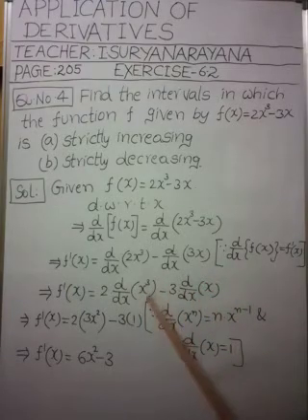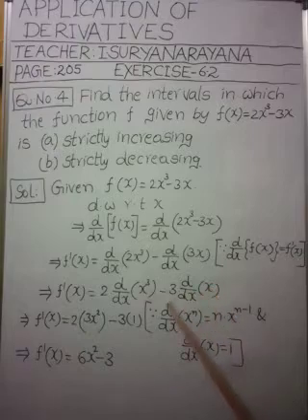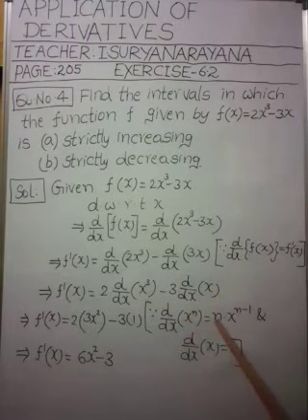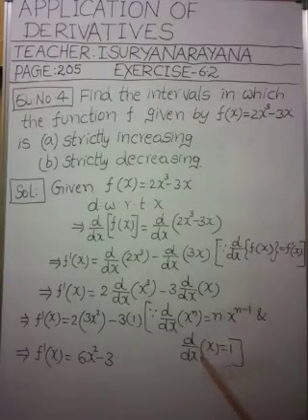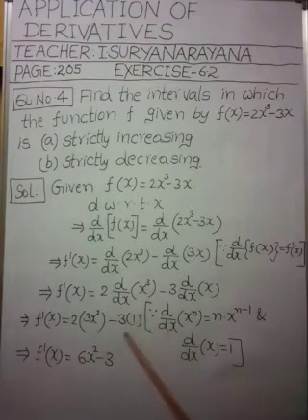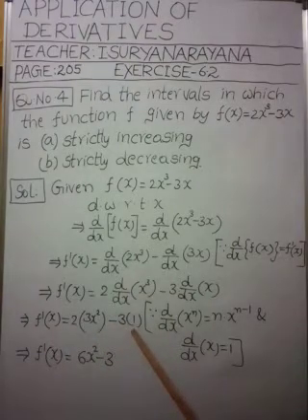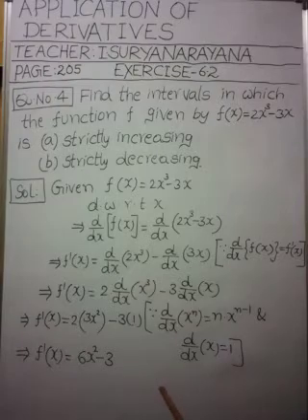These are derivative formulas; we depend upon the derivative formulas. Because d by dx of x power n is equal to n into x power n minus 1, and d by dx of x is equal to 1. By using these two formulae, we get this step. Understood this step? Right. Now we simplify the terms.